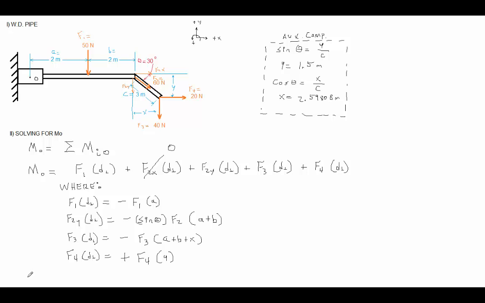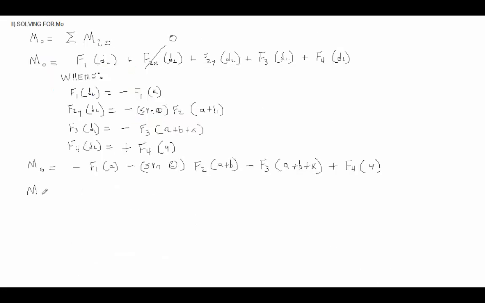So plugging all of these into my original equation, I will get MO equals negative F1 times A, minus sine theta times F2 times A plus B, minus F3 times A plus B plus X, plus F4 times Y. We can plug all our values in now.